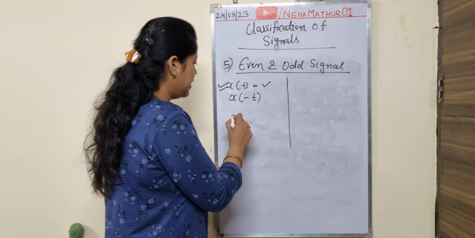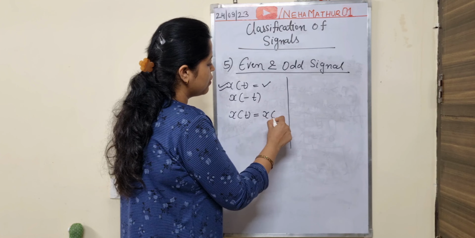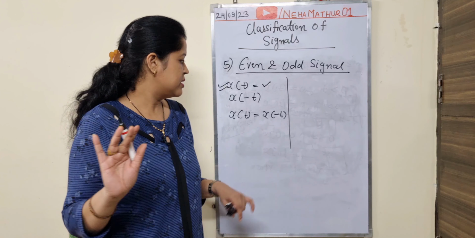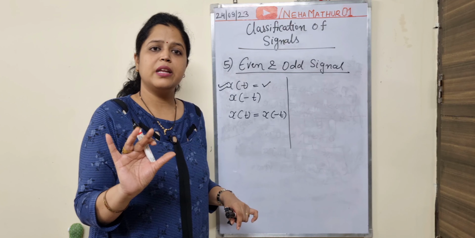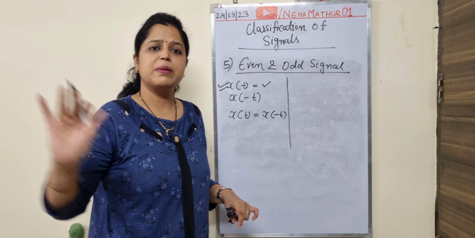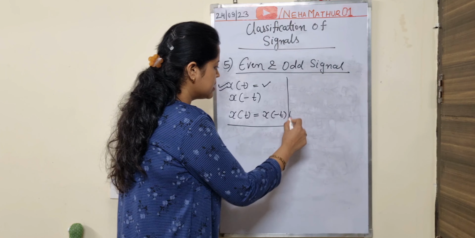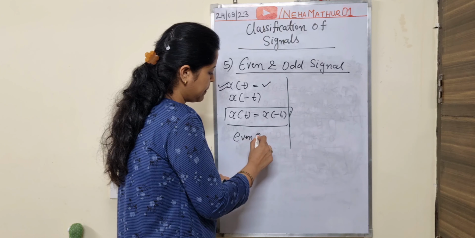After that, if x(t) is equal to x(-t), that means there is no difference between x(t) and x(-t). There is no difference in the representation of the signal for x(t) and x(-t). That means that particular signal comes under the category of even signal.